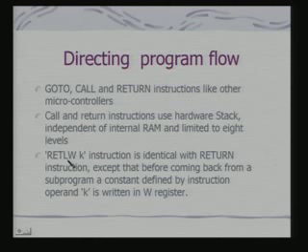There is another very interesting instruction. This instruction is again a return instruction, except that before coming back from a subprogram, a constant defined by the instruction operand k is written in the W register. This is an interesting form, because a particular value is written onto the W register when you are returning from a subroutine call.